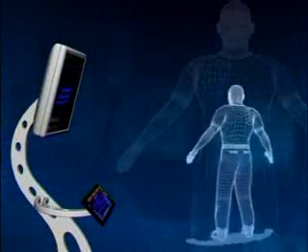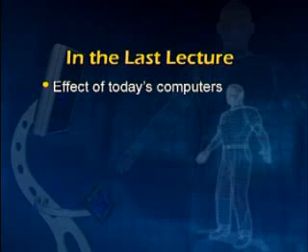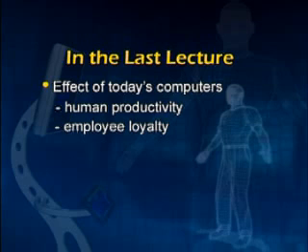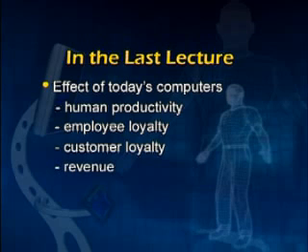So computer devices are everywhere in our life today, and if they are hard to use, then that has an adverse effect on human beings. Because of this, employee satisfaction decreases, customer satisfaction decreases, and there is a loss in productivity, there is a loss in revenue.